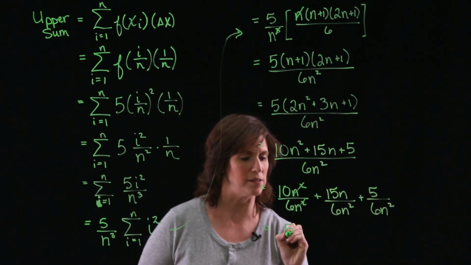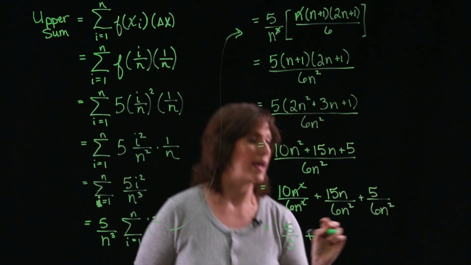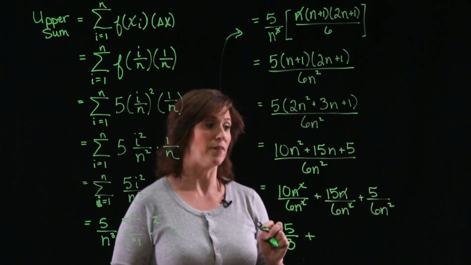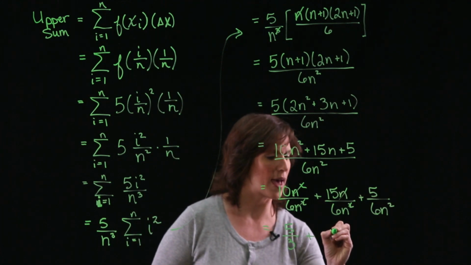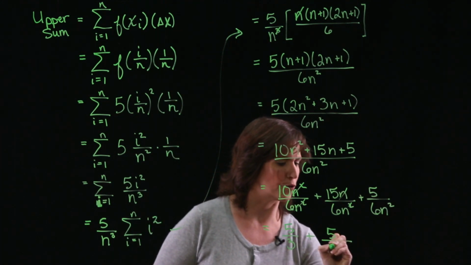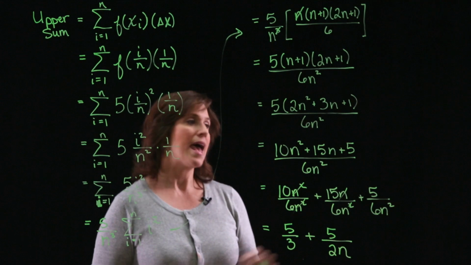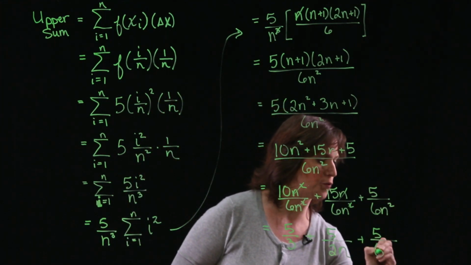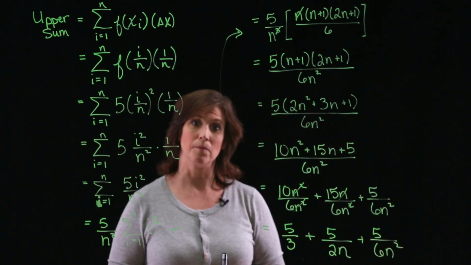I end up with just 5/3. In the second fraction, this n cancels with one of those, and I can divide 3 evenly into both pieces, and so I end up with a 5 all over 2n. And in the last part, nothing cancels, so I'm just left with 5 over 6n squared.